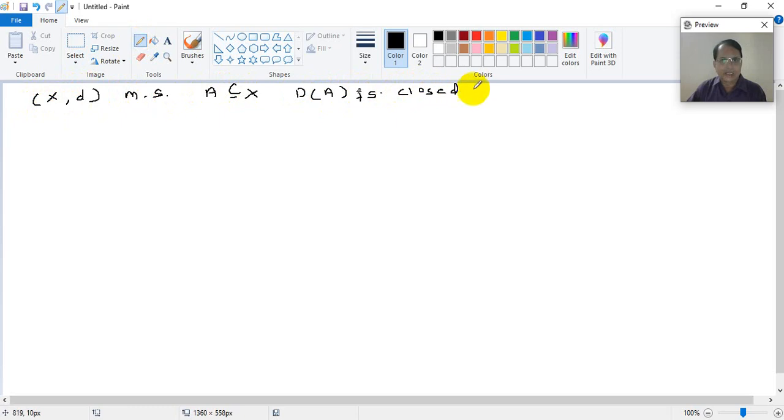This is proved by us. DA is closed subset of X actually. ठीक है. Now what I have to prove is, second, this is first thing. Secondly, see, suppose XD is a metric space, okay, and let A is subset of X.